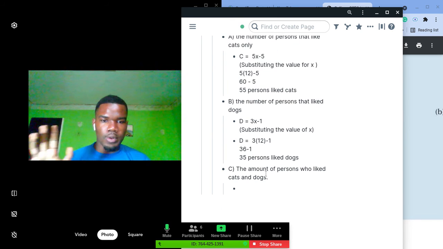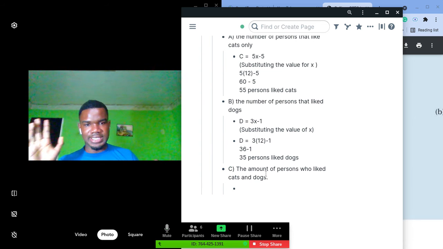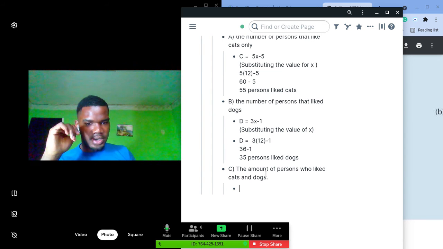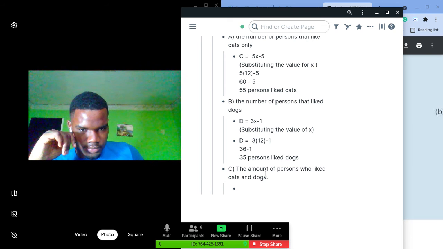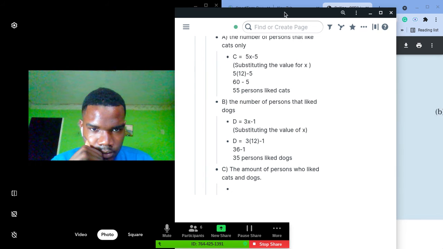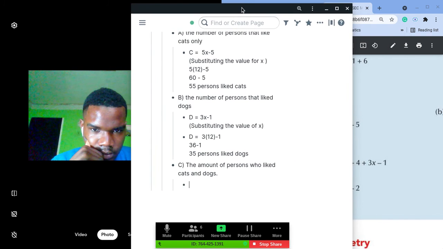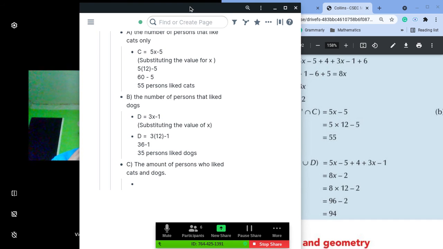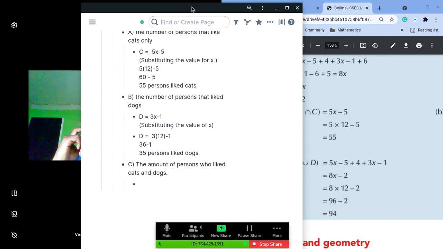So if we want to find the amount of persons who liked cats and dogs, George, what do you think we're going to add together? For C, you add the answer you received from the number of persons which like dogs and the number of persons which like cats. Right, so you got the answer almost correct.